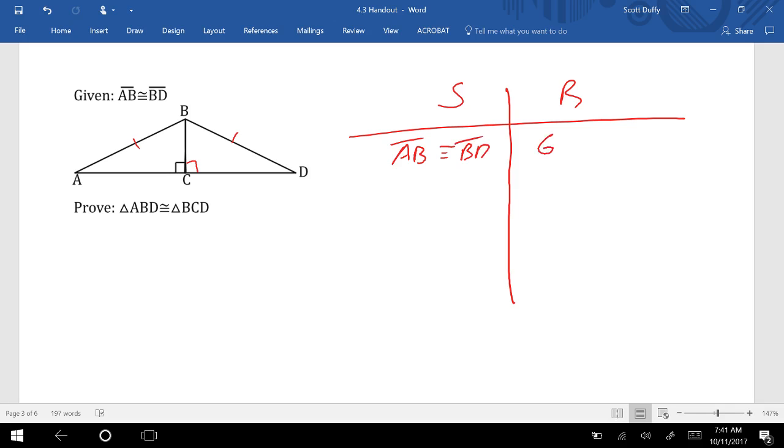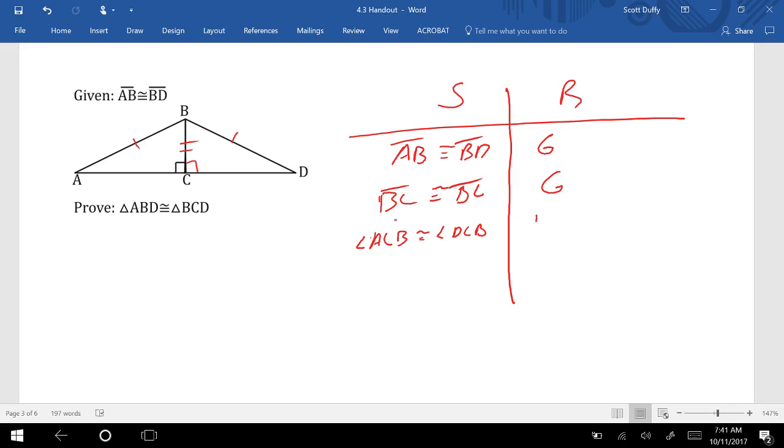And then we also know that in these right triangles, they share this side, BC. So BC is congruent to BC, and that's given. And we also know that it's a right triangle because angle ACB equals 90, and also angle DCB equals 90, so therefore they're congruent to each other.